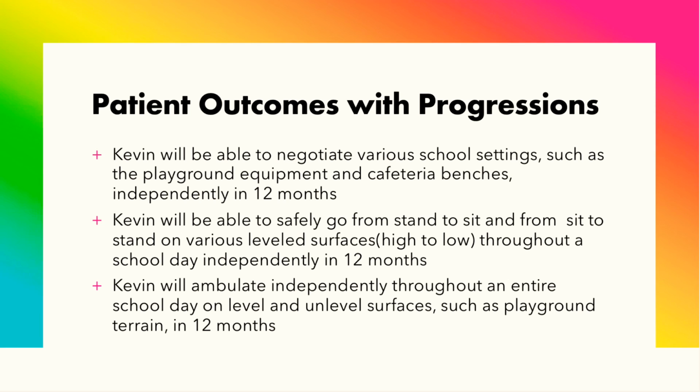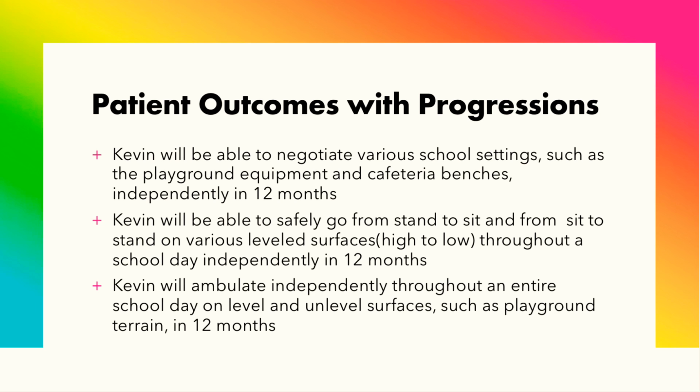And then the progressions that will go with these goals. We're now looking at him being able to negotiate different areas of the school. So now trying to see if he can get those cafeteria benches, those playground equipment. In a year, 12 months, we're looking to see him go from not only stand to sit, but also sit to stand in one school day independently.